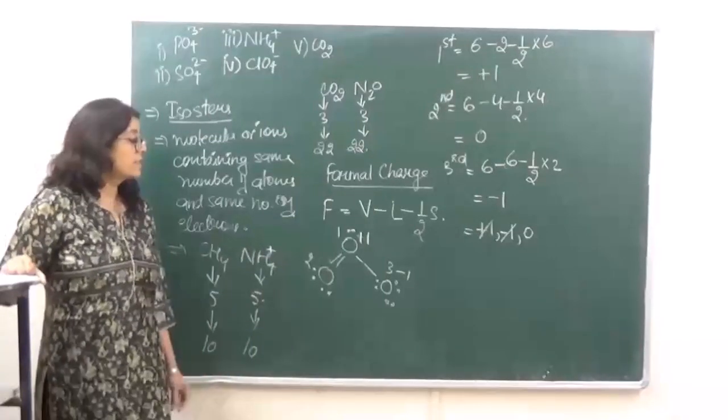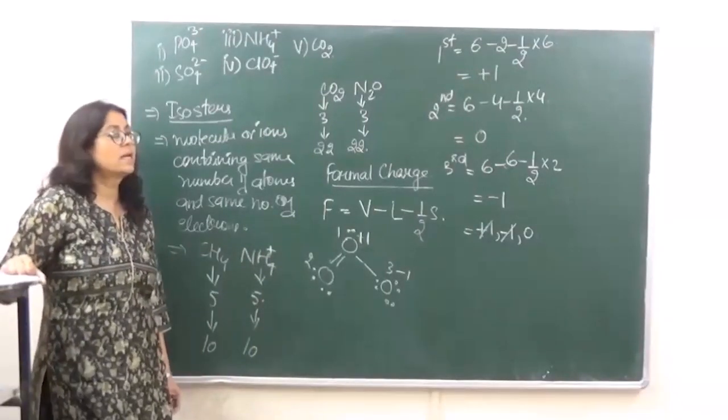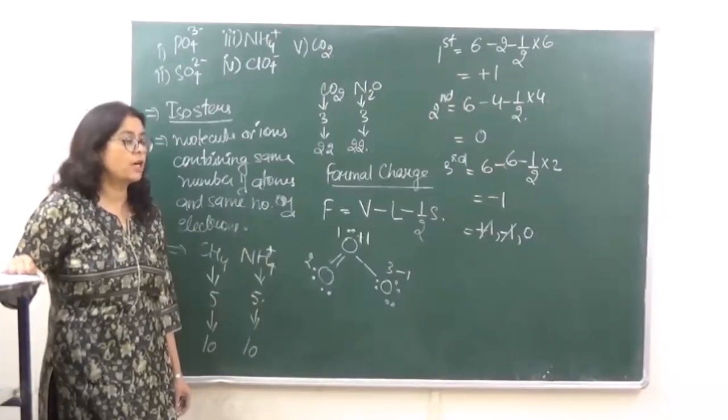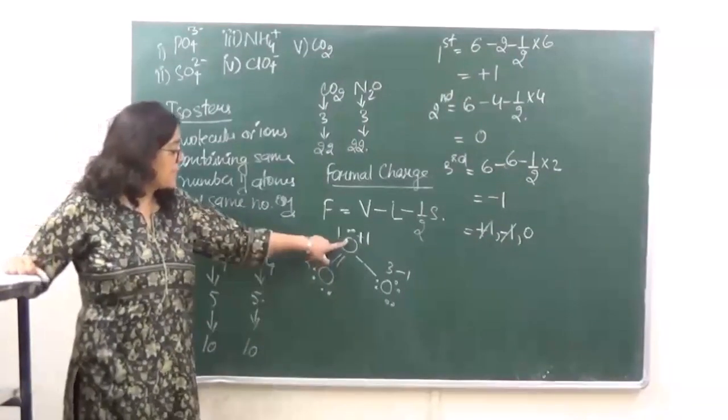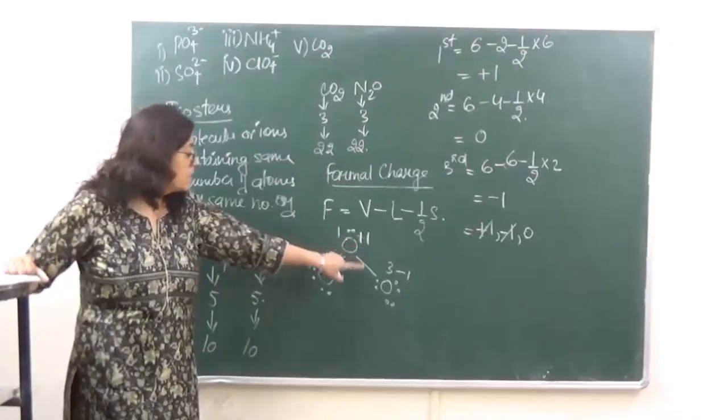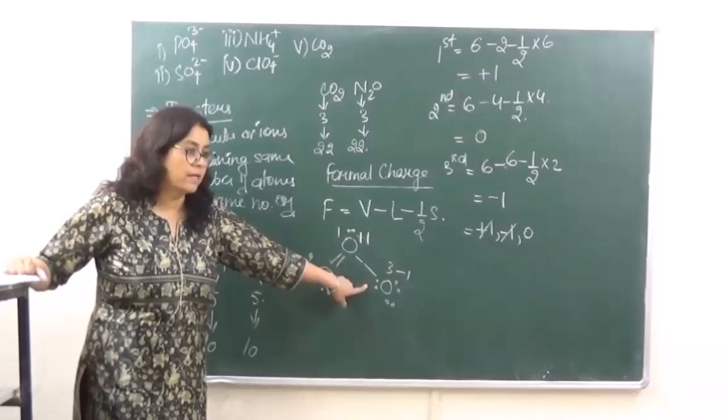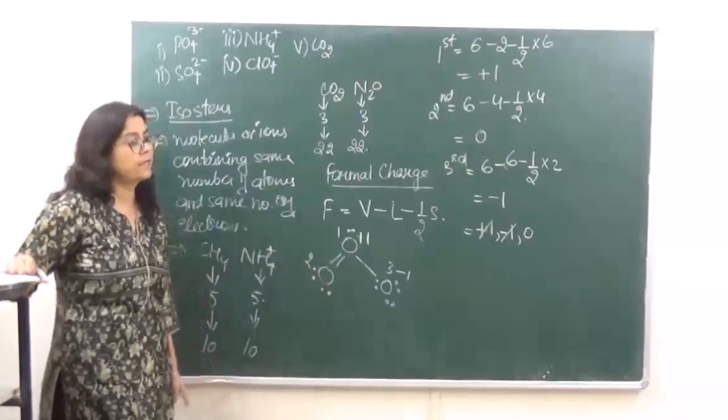You have to remember over here, whenever we are talking of formal charges, two adjacent atoms cannot have the same formal charge. Otherwise, it is going to be unstable. Which means that if this is having +1 positive sign, this cannot have a positive sign. This has to have a negative sign. Right?